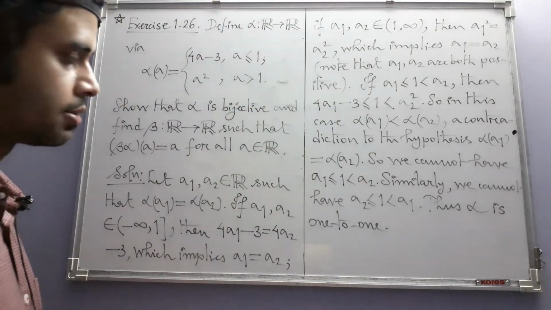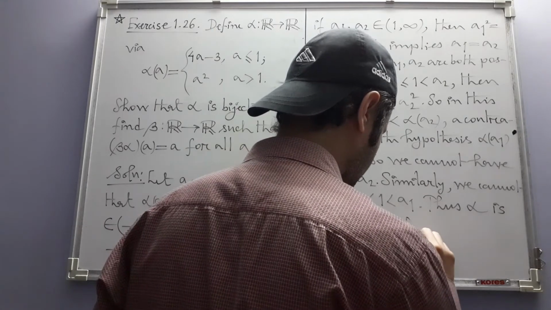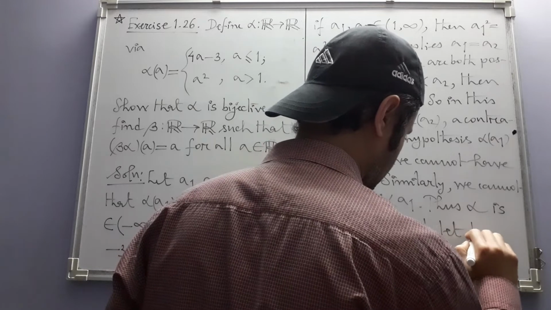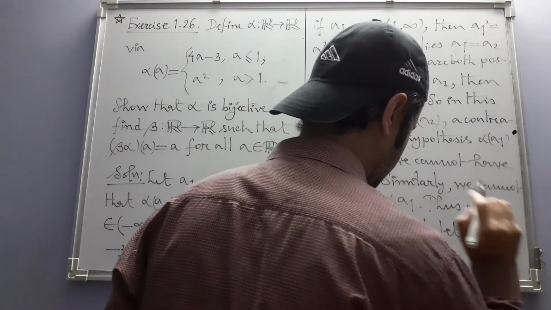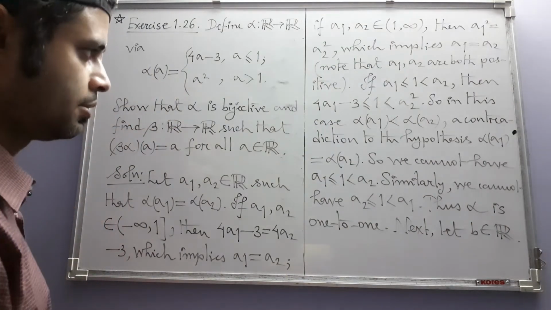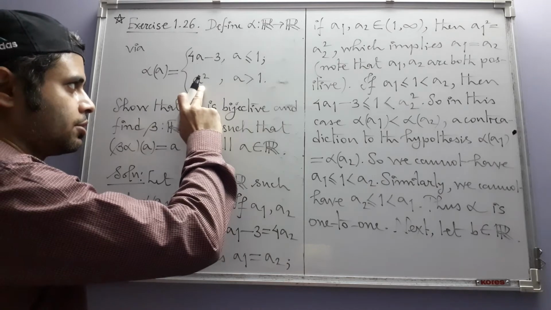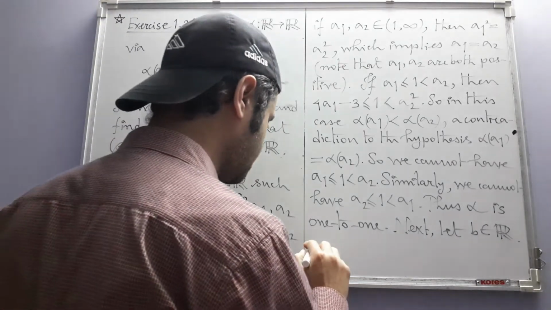Now ontoness. Next, let B belong to R. Just like one-to-oneness, for ontoness also we have to look at the two different possibilities.